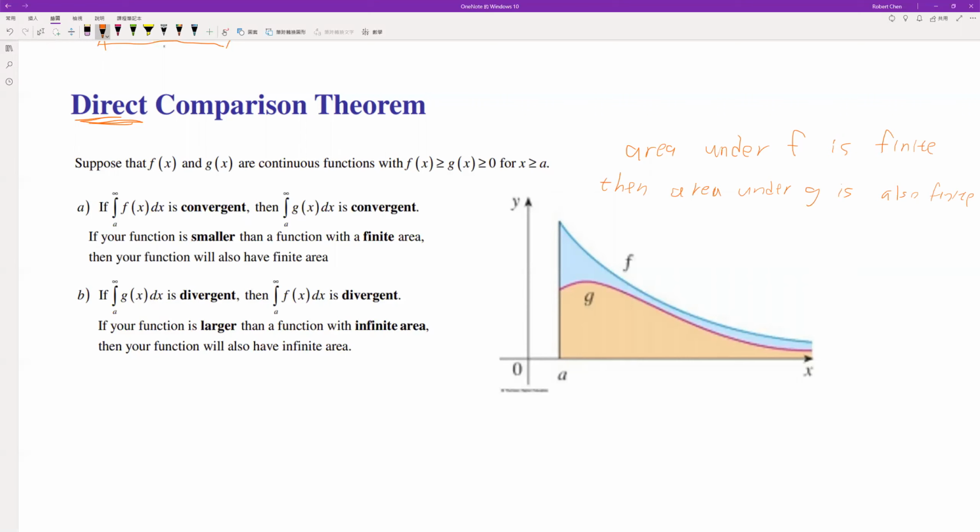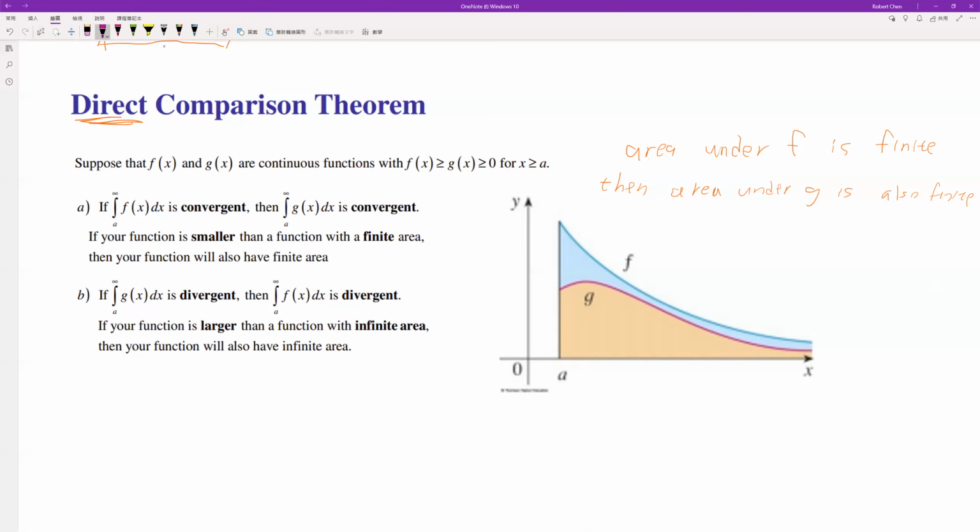Because we know that f is greater than g, so the area under f will be greater than the area under g. But if we can show that the larger area is finite, then the smaller area will also have to be finite.